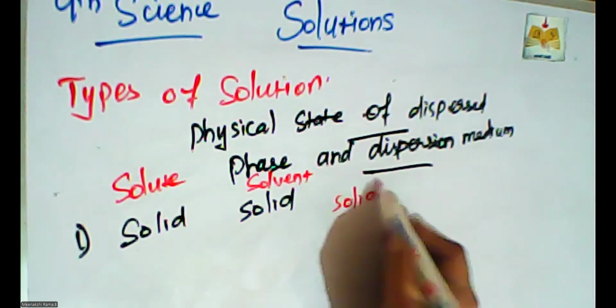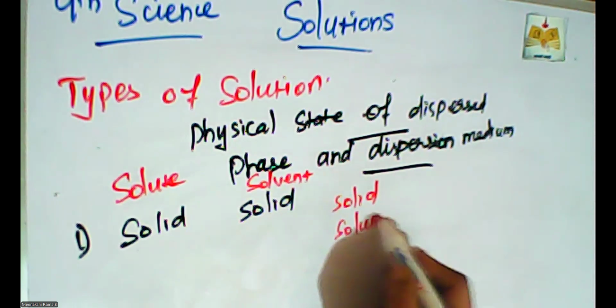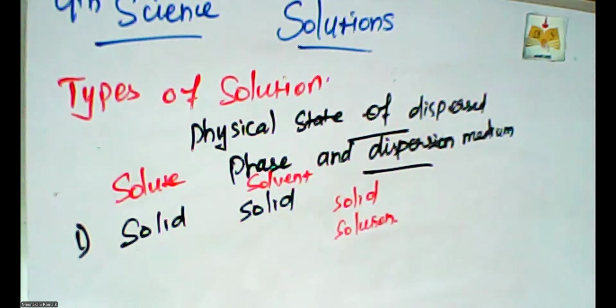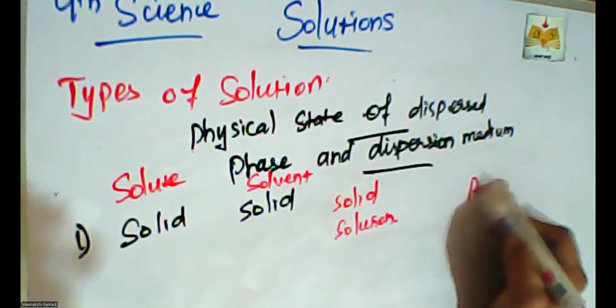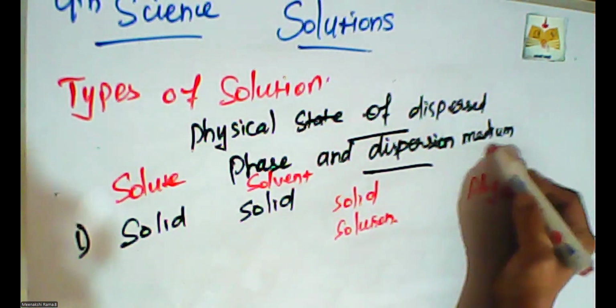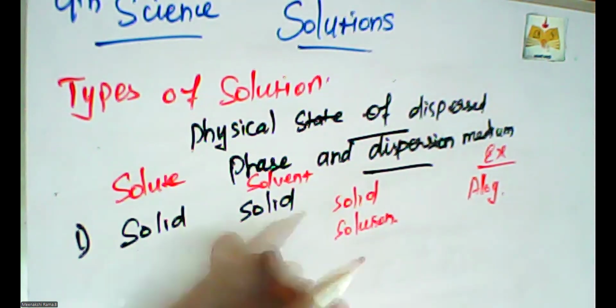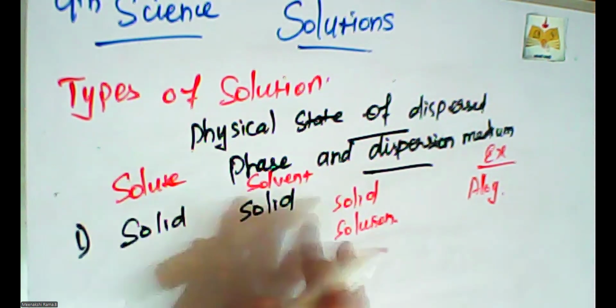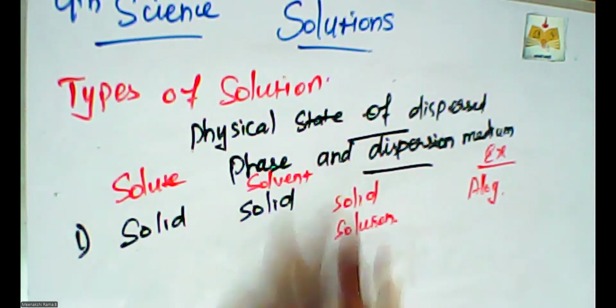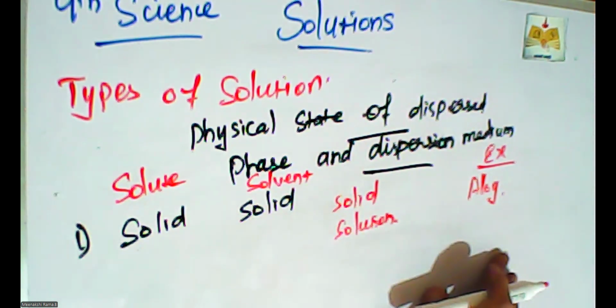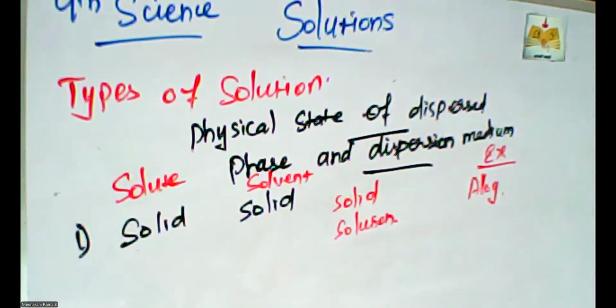It is in solid nature. So what are the examples? Alloy. This is the example of solute and solvent mixed together to form the solid solution.